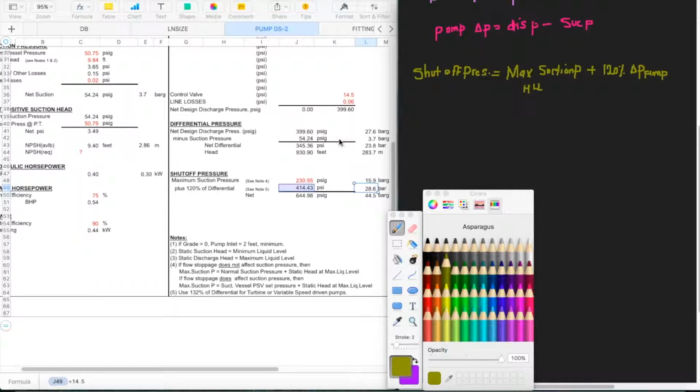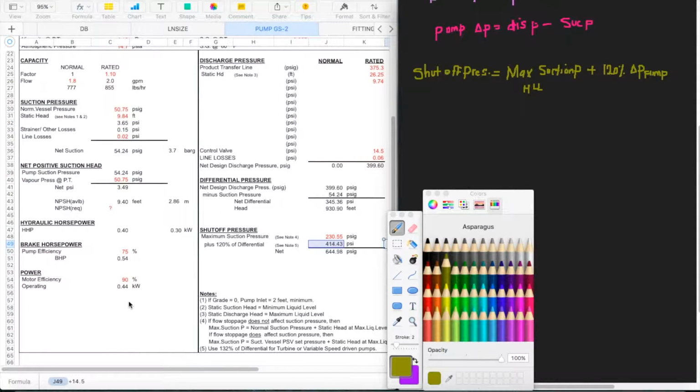Here we can see that the value is 230 plus 1.2 of the delta P, and then the net value is almost 645 psi.